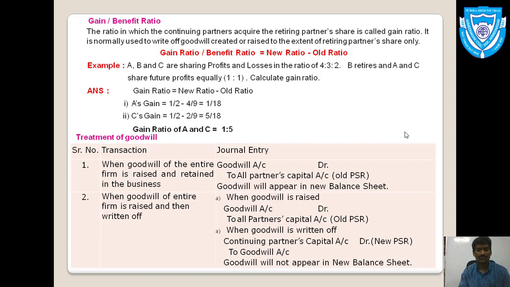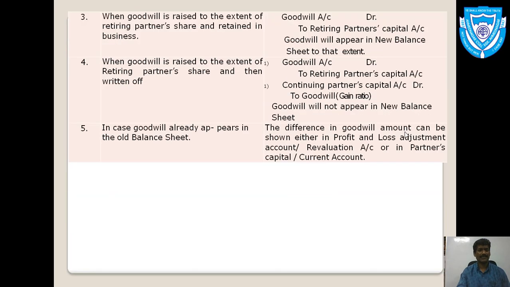That means that goodwill will be distributed amongst the continuing partners, and in this case goodwill account will be credited and it will not appear in the new balance sheet.